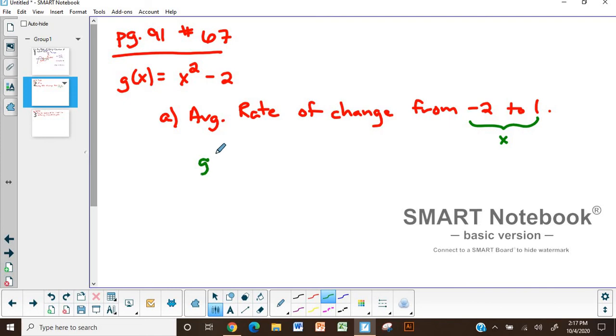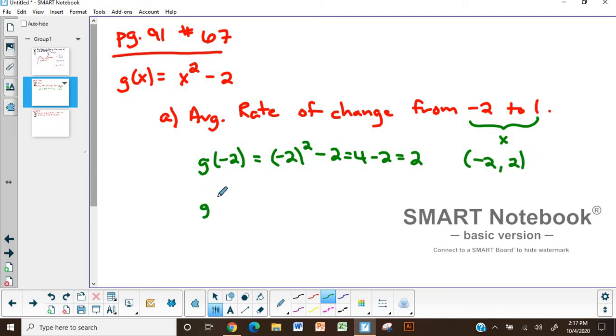So g of negative 2 is going to be negative 2 squared minus 2, which is 4 minus 2, which is positive 2. So our first point is going to be (negative 2, positive 2).